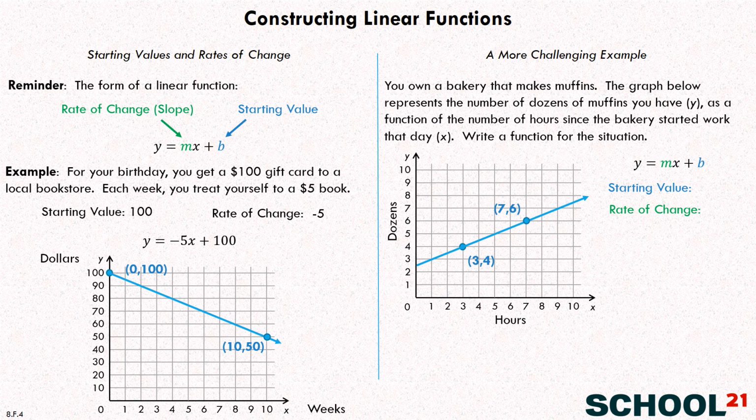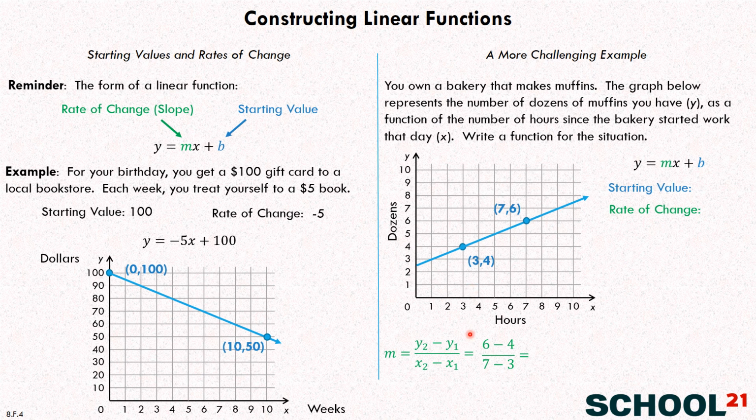Okay, so if we apply our normal slope form, m equals y2 minus y1 over x2 minus x1, we can use these 2 points to calculate the slope. So let's go ahead and put those 2 points into our equation. Remember, we'll call the point (7, 6) x2, y2, and the point (3, 4) x1, y1.